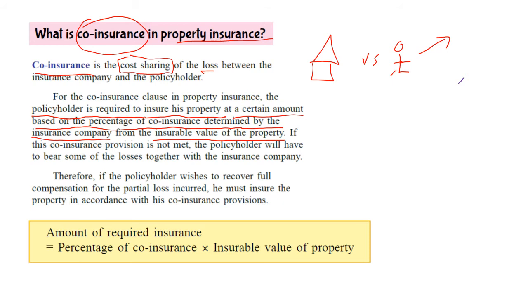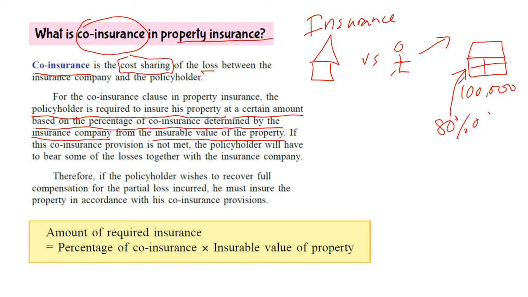Okay, let's say you have a house, and the value of your house is 100,000. And then the insurance company said that you can insure your house at 80% of the value of your house.